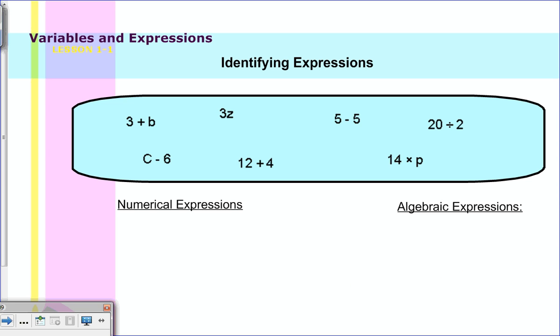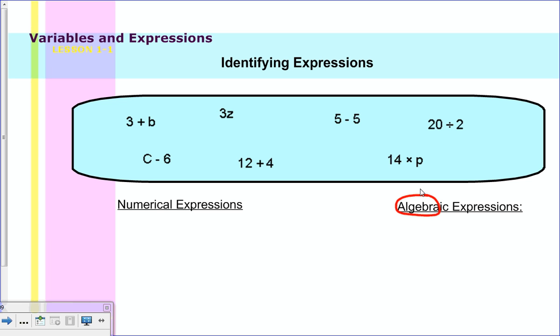We're going to identify expressions. Now in that light blue box, there are 7 different expressions. Some of them are numerical, and some are algebraic. Now, we did just go over what algebraic expression means. Again, it has that keyword algebra in it, so it has those variables.